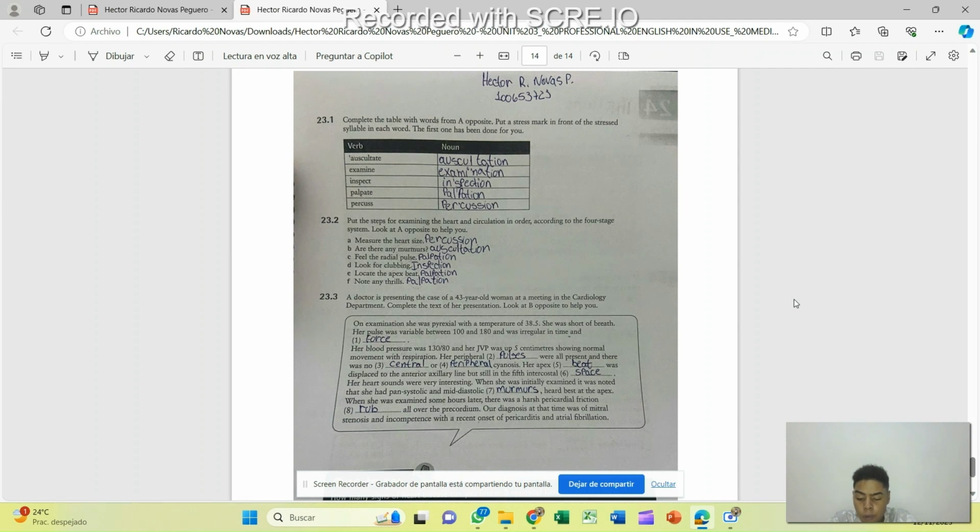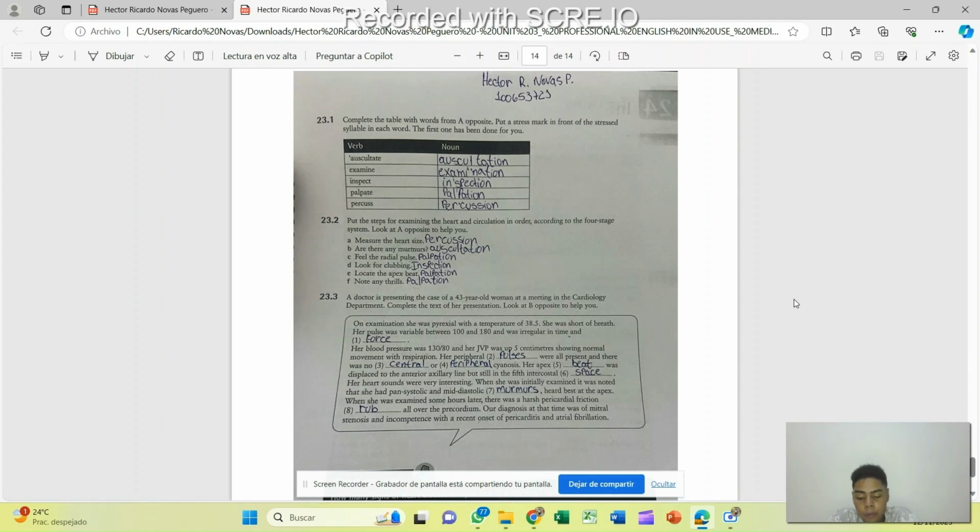E. Locate the apex beat, palpation. 4. F. Note any thrills, palpation. 5. A. Measure the heart size, percussion. 6. B. Are there any murmurs? Auscultation.